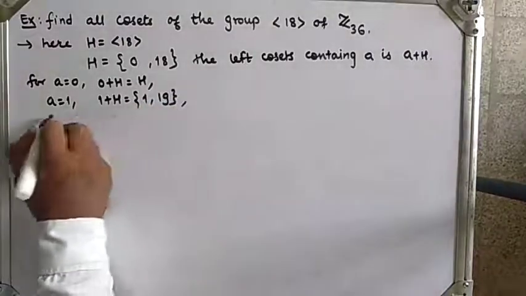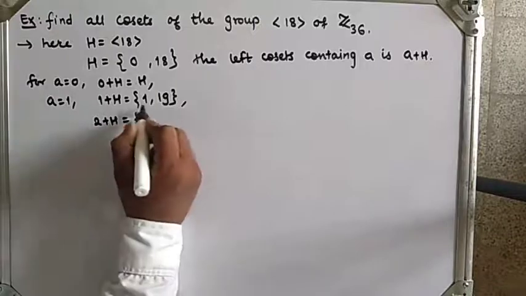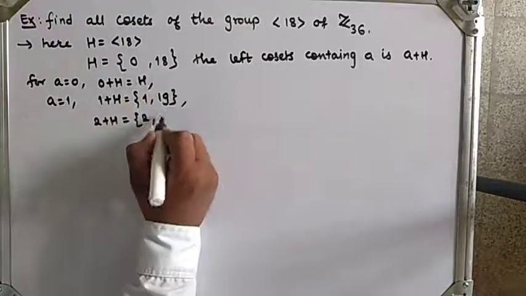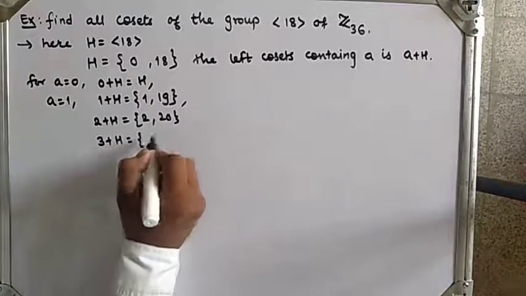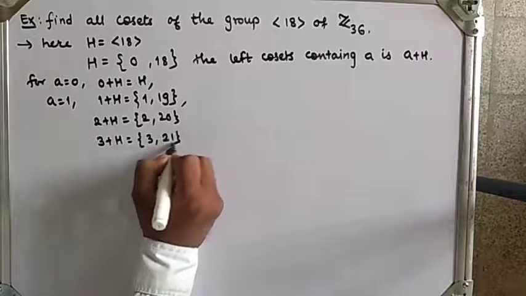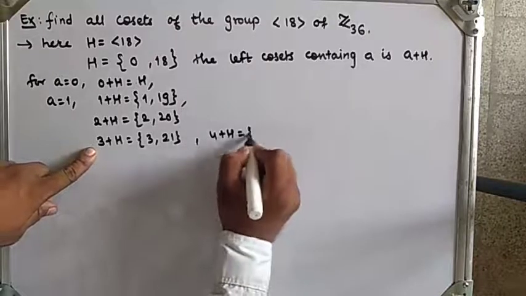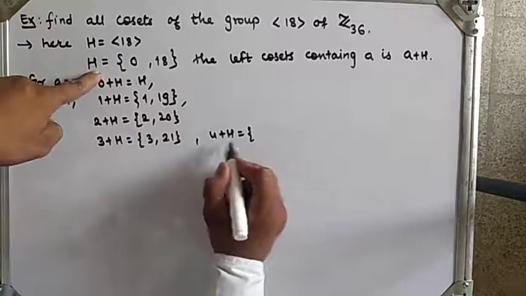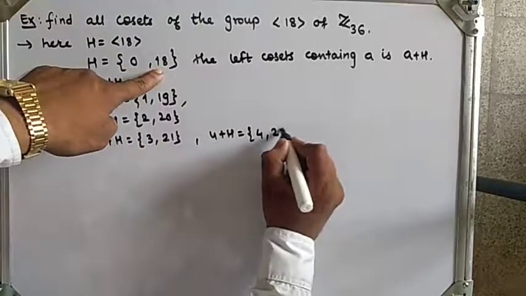Next, for a equal to 2 we get 2 plus H, which has the elements 2 and 20. Next, 3 plus H gives 3, 21. Next, 4 plus H: adding 4 to H, 0 plus 4 is 4, and 18 plus 4 is 22.